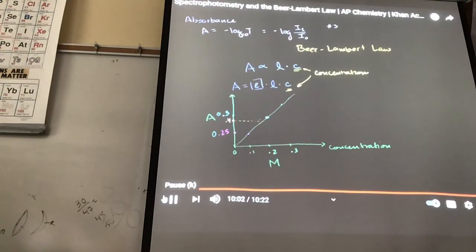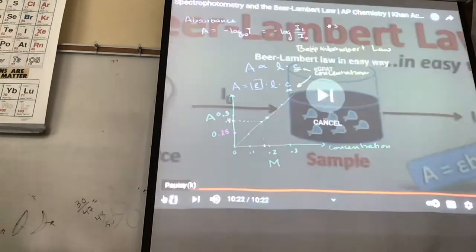Then you can just go on this line right here and say that must be a concentration of this, whatever number this is, and you could measure it or figure it out algebraically. It will be pretty close to 0.2 molar, a little bit less than 0.2 molar. We're going to actually do an example of that in the next video.